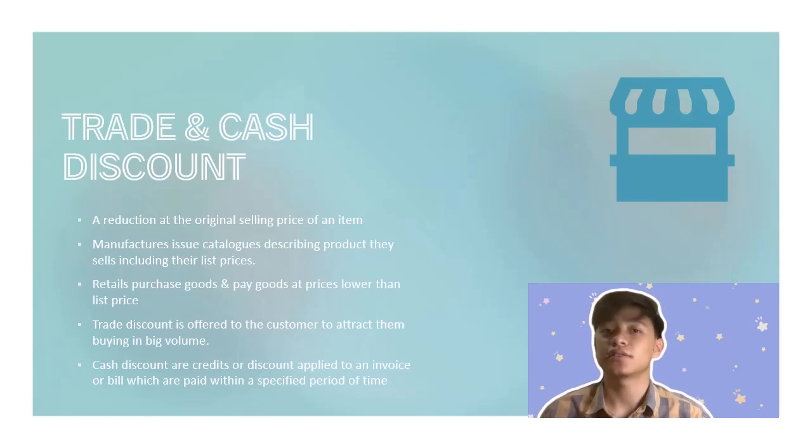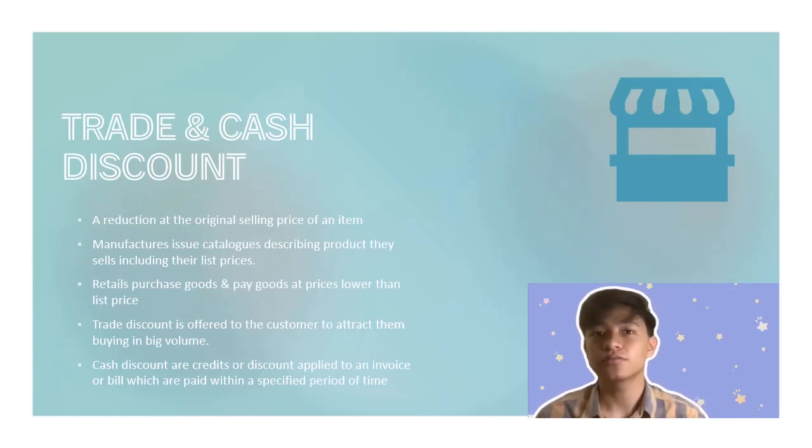Trade and cash discount. Trade and cash discount means a reduction of the original selling price of an item. Secondly, manufacturers issue catalogs describing the products they are selling, including their list price. Thirdly, retailers purchase goods and pay for the goods at a price lower than the list price.